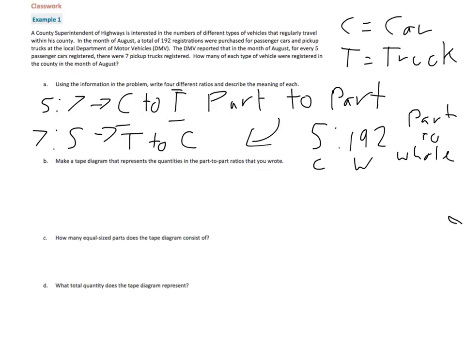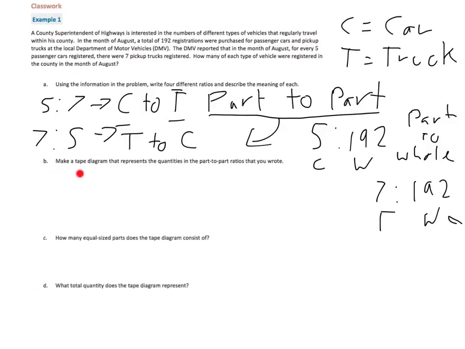There's one more type of part-to-whole ratio we could do, and that would be 7 to 192, and that would be trucks to the whole. Those are our 4 ratios: 2 part-to-part ratios where we're comparing the 2 parts of cars to trucks or trucks to cars, and then 2 part-to-whole ratios where you're comparing cars to the whole or trucks to the whole.